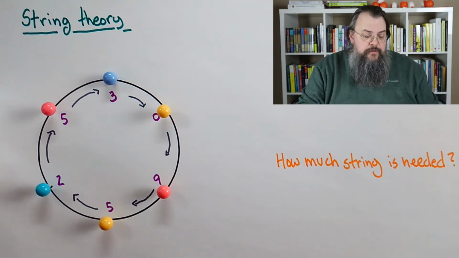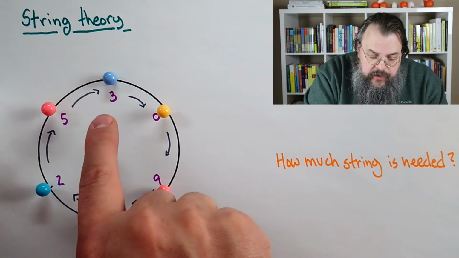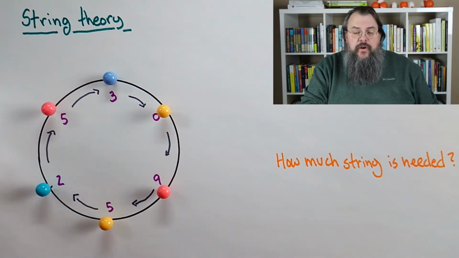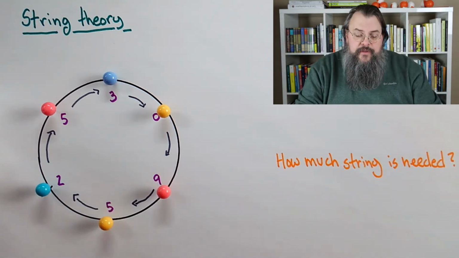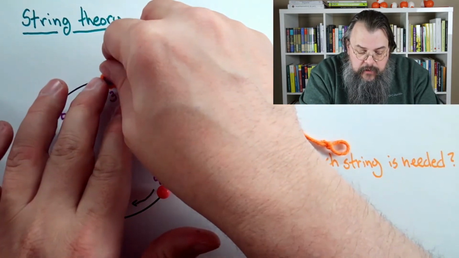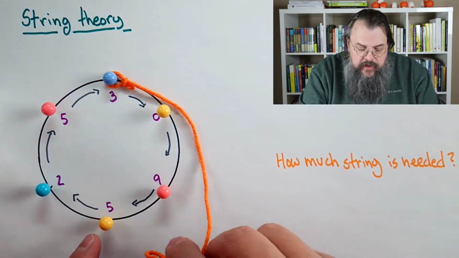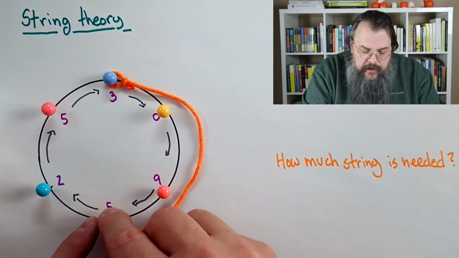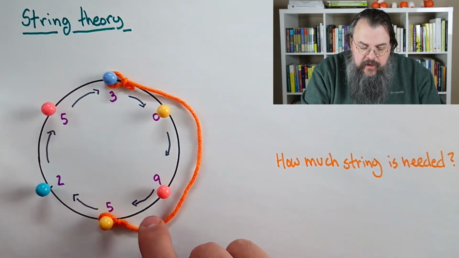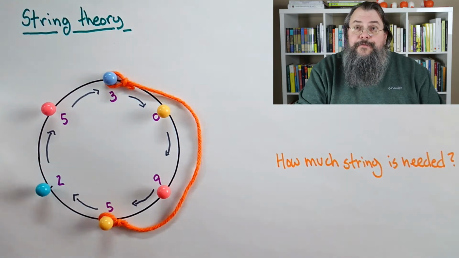In this case, we'll use some string here. So let's start with the 3. We'll grab our piece of string, and we'll loop it on to one end, and then we're going to go 3 beats. So that means it's going to land over there, and now we have it. Okay, so there's our 3.